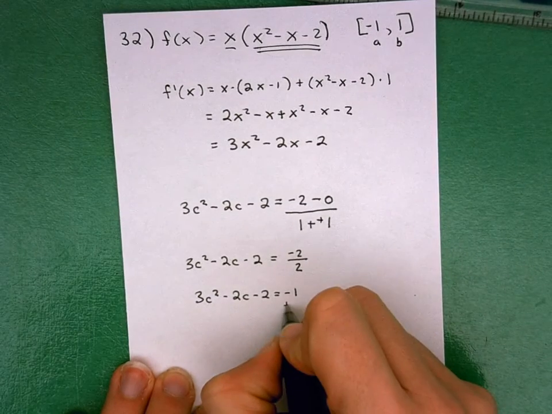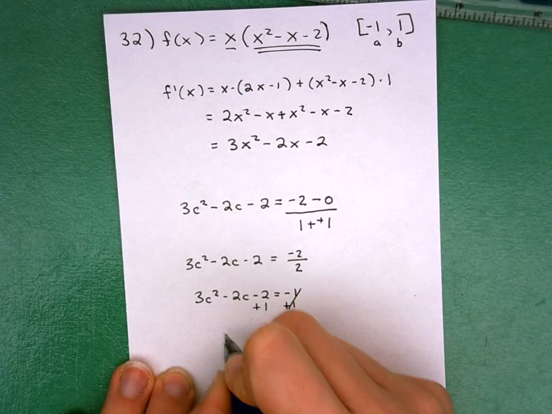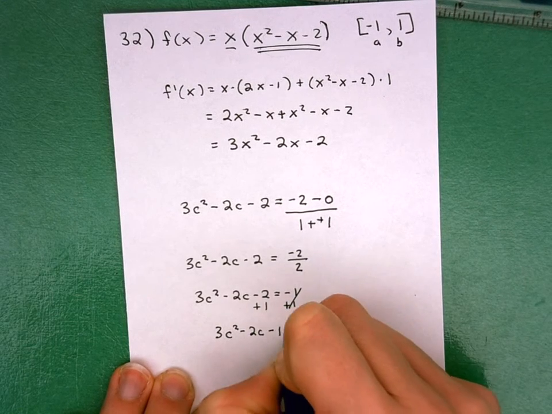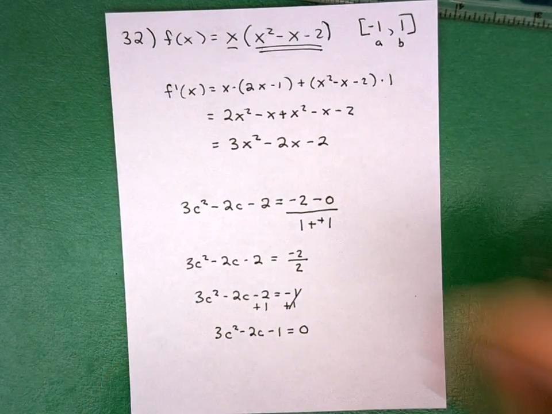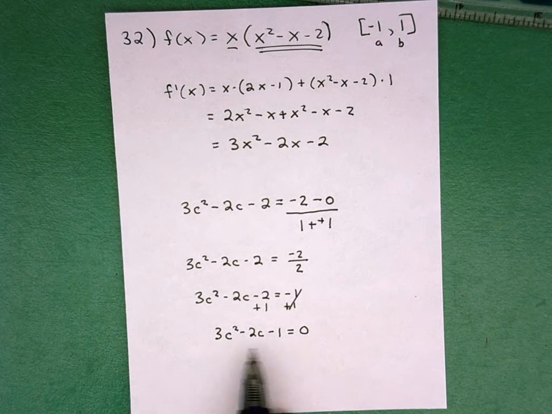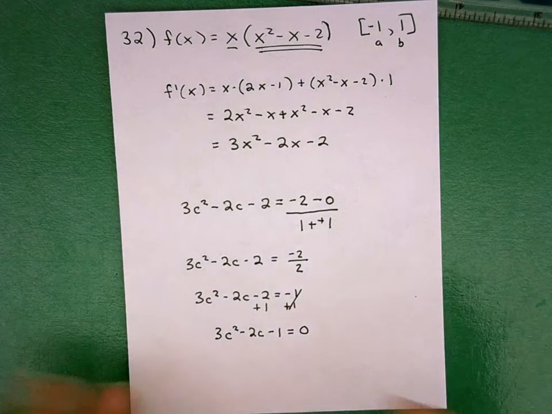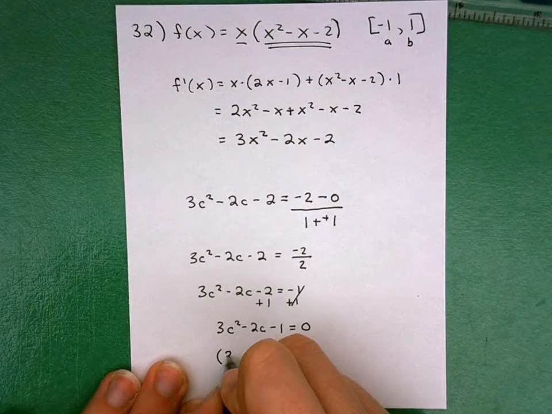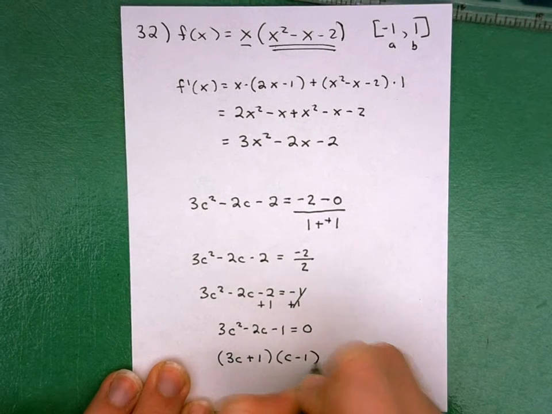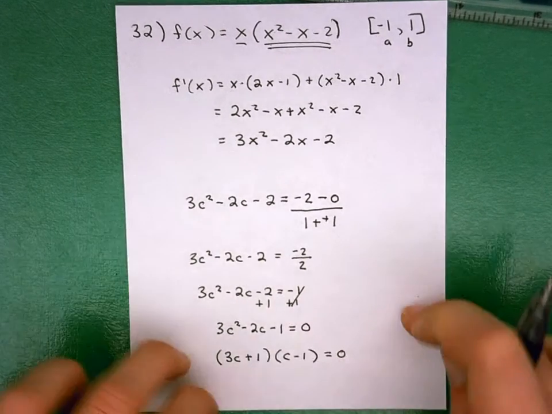So I'm going to add 1 over to this side, and I get 3c squared minus 2c minus 1 equals 0. Like I said, at that point, you can factor, use the quadratic formula, or use your calculator to calculate your zeros. In this particular case, what multiplies to negative 3 and adds to negative 2? I've got negative 3 and positive 1. So I'm going to choose to factor: 3c plus 1, c minus 1 equals 0.